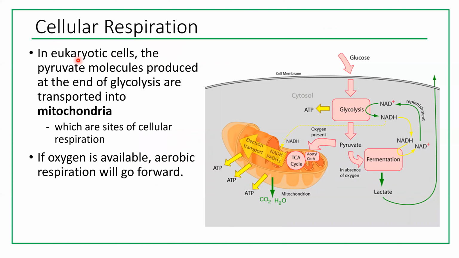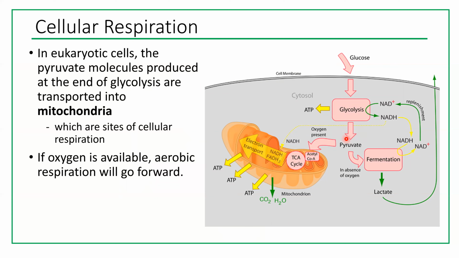In eukaryotic cells, the pyruvate molecules produced at the end of glycolysis are transported into mitochondria, which are the sites of cellular respiration. So here's our cell. Glucose enters the cell, and inside the cytoplasm, through glycolysis, it's broken into two pyruvates.